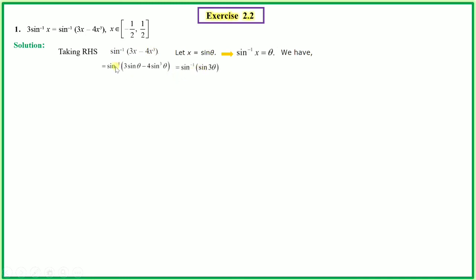This is the general formula of general trigonometry, so it is sine inverse of sine 3 theta. Now sine inverse and sine disappear, and we have 3 theta. As we have theta equal to sine inverse x, we put the value of theta here, which gives 3 sine inverse x. Now 3 sine inverse x is equal to our left hand side, hence proved.